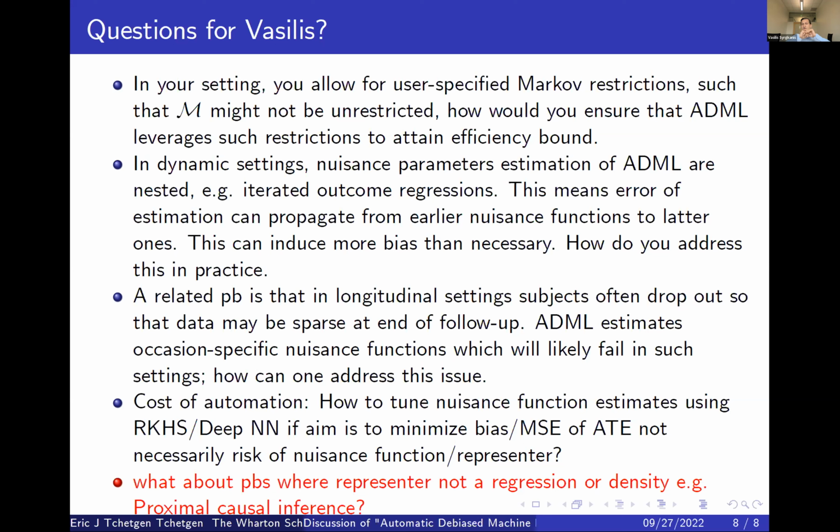So many times you can minimize the Riesz loss over the same function space as the regression function, and that will typically get you very close to efficiency. A formal theorem I don't have at the top of my head, but these are things you can do to get lower variance Riesz representers.